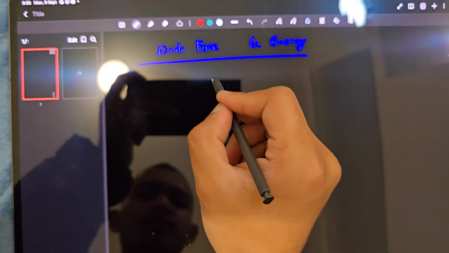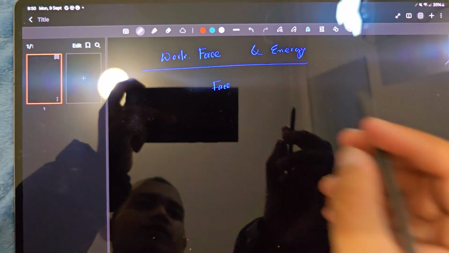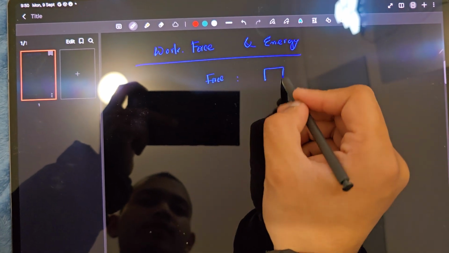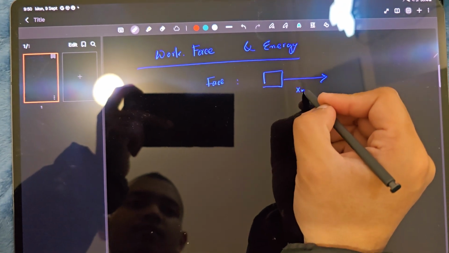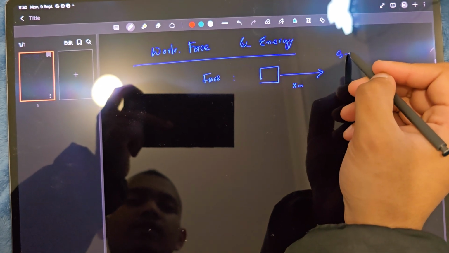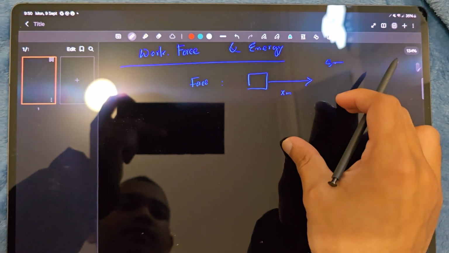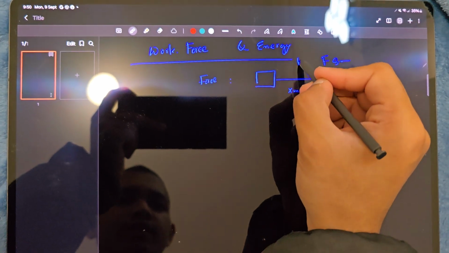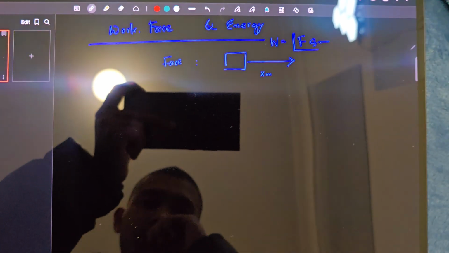When we put some force into something and the object we put the force into travels some distance, say x meters, we call it s. The distance traveled is s, and the force we put is F. Then the work done by the force is F multiplied by s.